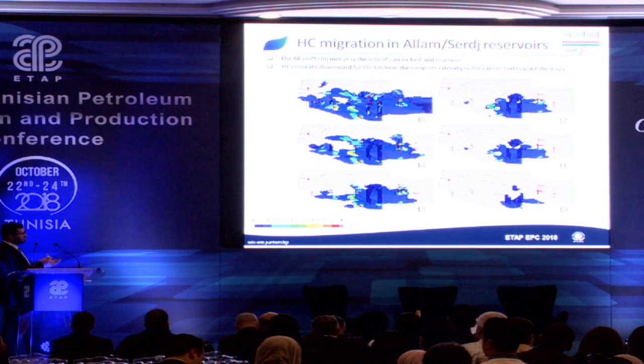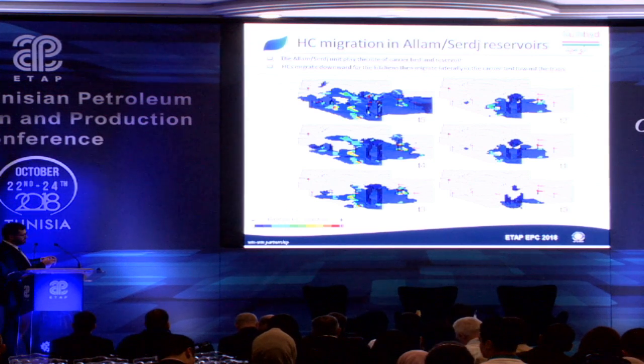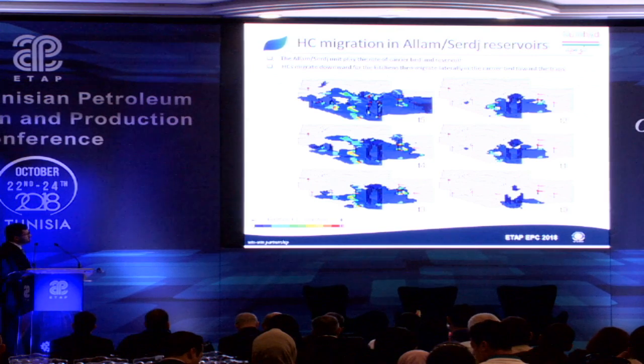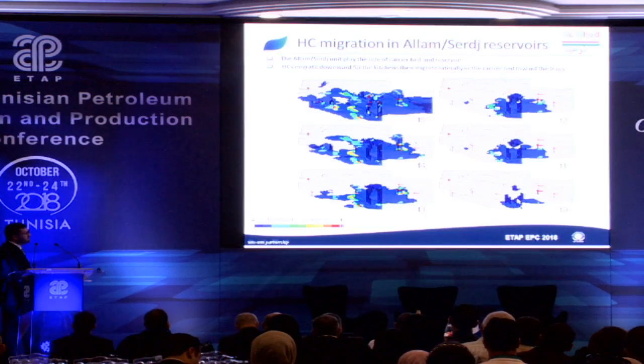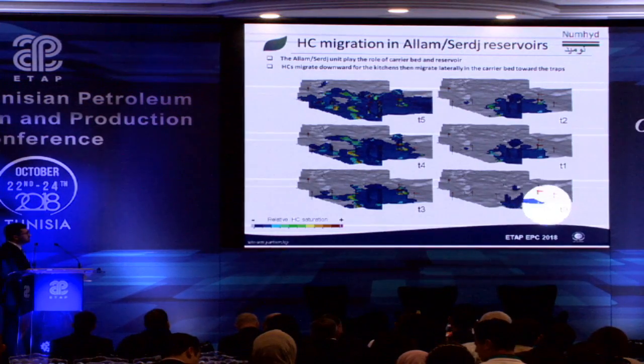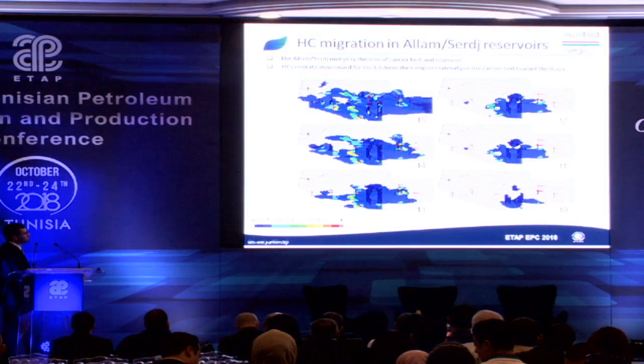It's a tight system, so it plays the role of reservoir at structural tops, but in other places it can play the role of carrier bed. So this map represents the saturation of the Alarm reservoir only, from T0 to T5. T5 is the present day.